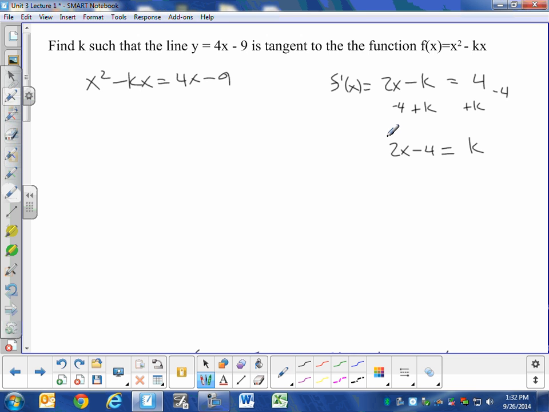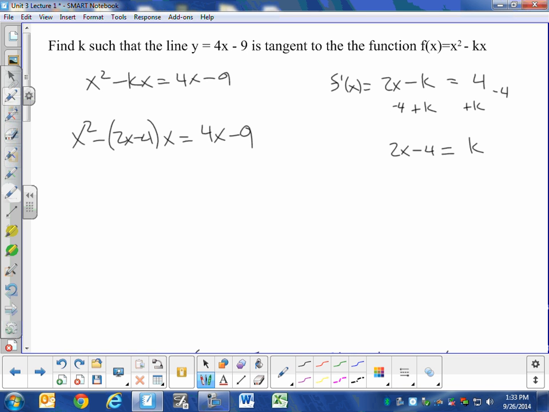And I get what k is equal to. So now I can use this k and plug it into my equaling of the two functions, because I know that for some y coordinate, it will be equal to the same thing on a specific x coordinate. So take that k, plug it in, I'll get x squared minus 2x minus 4 times x is equal to 4x minus 9.